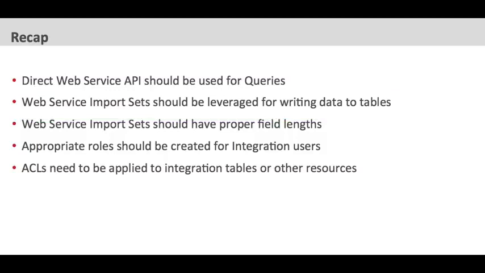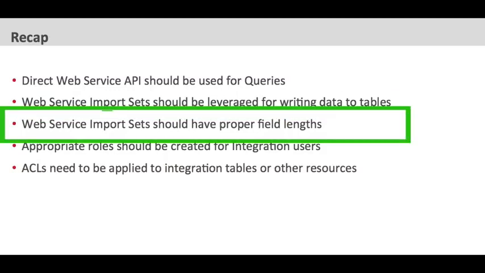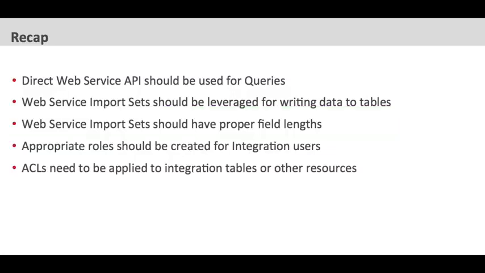So that's great. Also, you showed that you really need to check when you're creating those web service import sets to make sure that you do have the proper field lengths. They're going to default to 40. And if you know that there are field lengths that might be larger, to set the appropriate size on those.